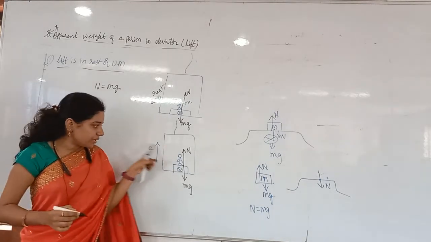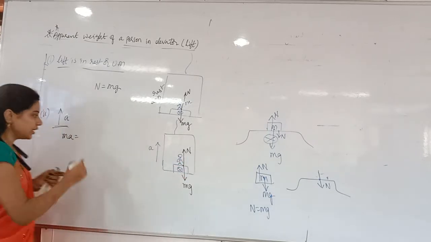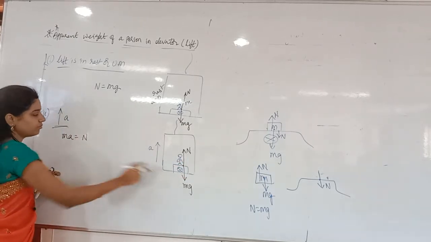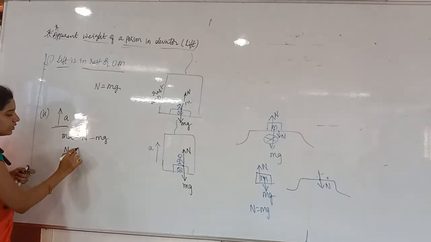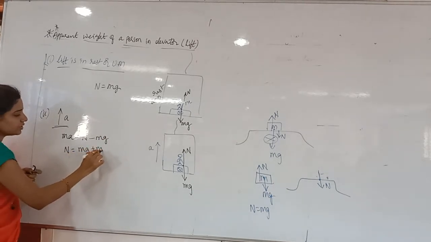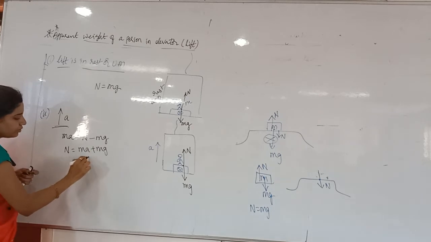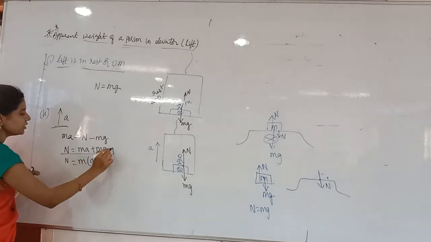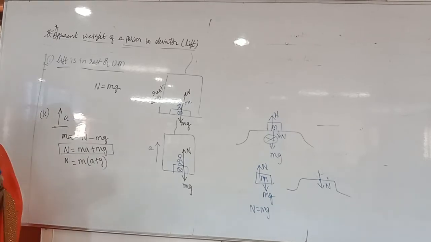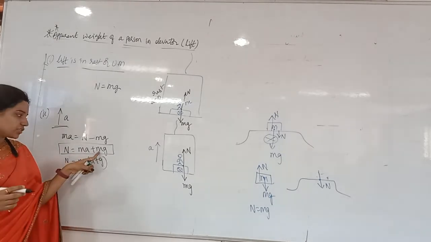Who is supporting for ma here? N only, no? N. Who is opposing? Minus mg. So N is equal to what? ma plus mg. Nothing but, what is the original weight of the person? mg is the original weight.